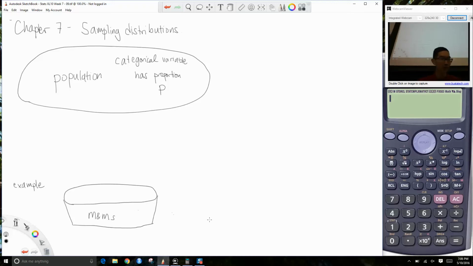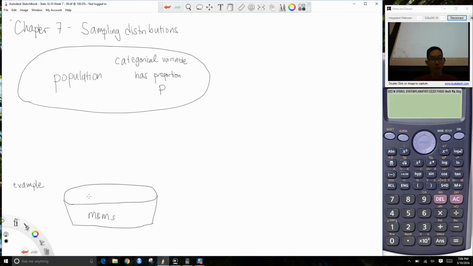Maybe like 100 pounds of M&M candies or something like that. And in this tub, we could count exactly how many pieces of candy we have and count exactly how many of these candies, let's say, are red, okay? And we can calculate exactly what proportion of M&Ms in this tub are red, okay?